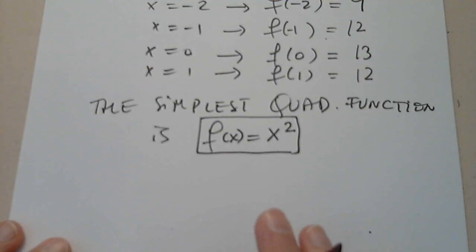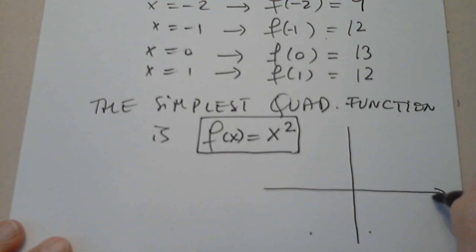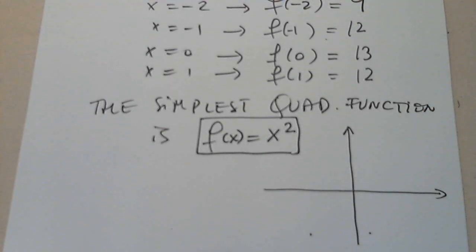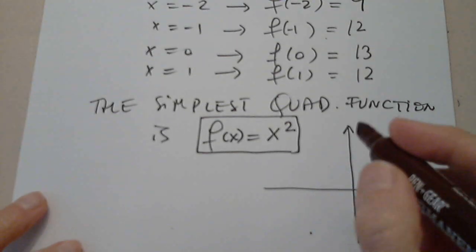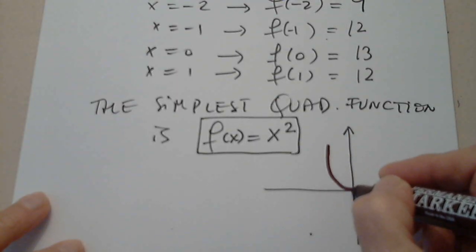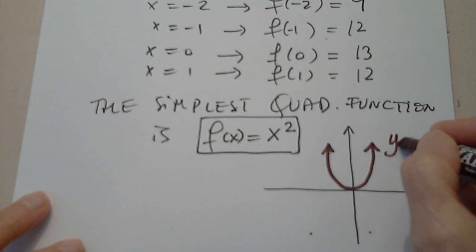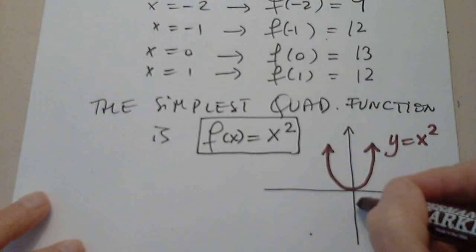It is very important early on to understand the graph and remember it. This is a very important graph. It will follow you everywhere you go in math, I promise you. And the graph is something like this. It holds water, so to speak.